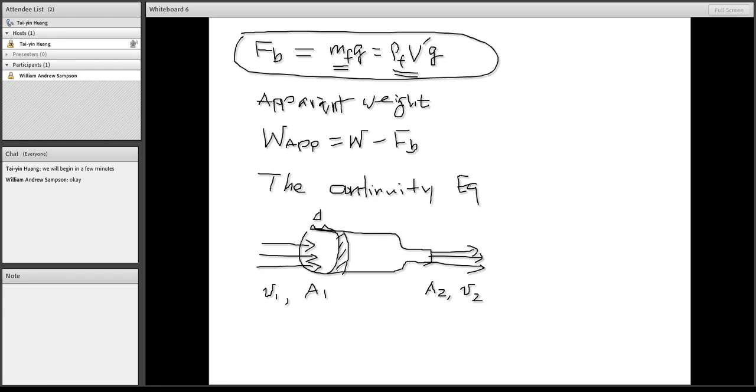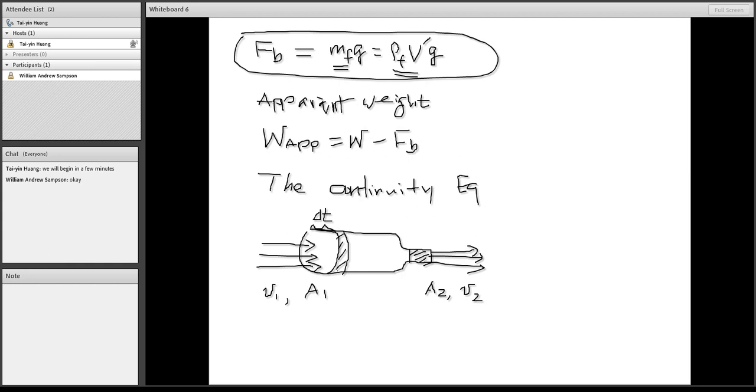During this time interval delta t, this is the amount of water that's flowing in from the left. Then the same volume of water has to leave from the right within the same time interval delta t.